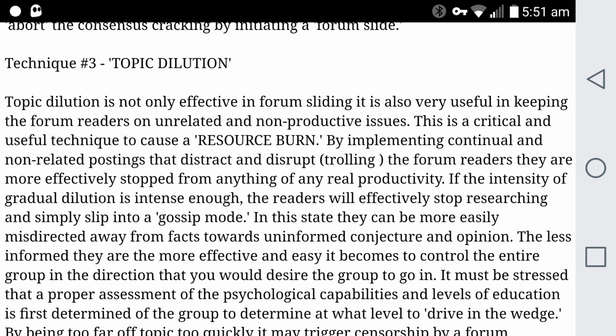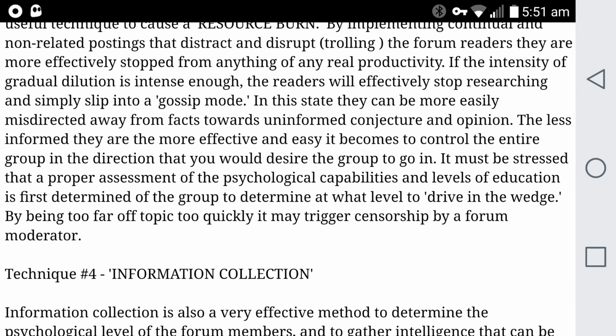The less informed they are, the more effective and easy it becomes to control the entire group in the direction that you would desire the group to go in. It must be stressed that a proper assessment of the psychological capabilities and levels of education of the group is first determined to decide at what level to drive in the wedge. By being too far off topic too quickly, it may trigger censorship by a forum moderator.